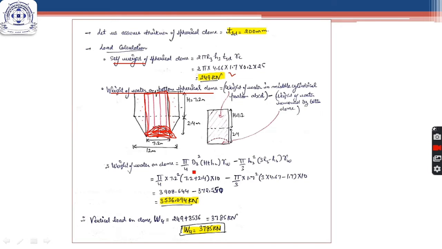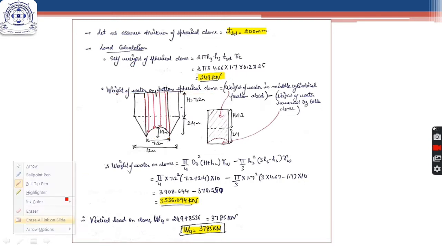So we get this formula, pi by 4 d3 square (h plus h2), as the volume of the whole cylinder, and from it we have to reduce this shaded region, because it will not contain any water. This is basically the volume of the bottom spherical dome, the formula for which is pi by 3 h3 square (3 r3 minus h3).